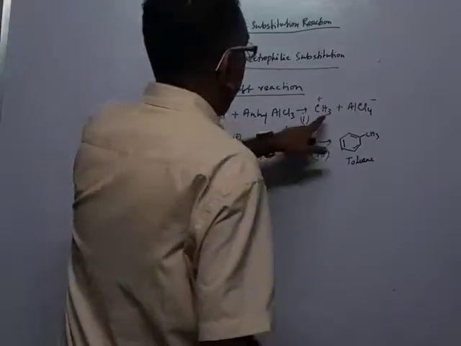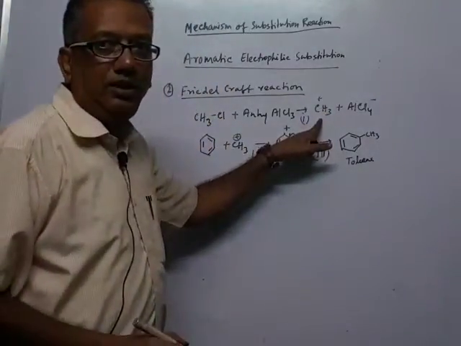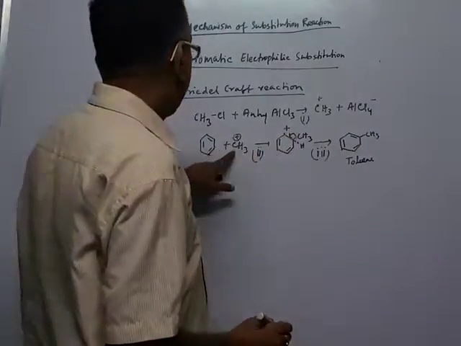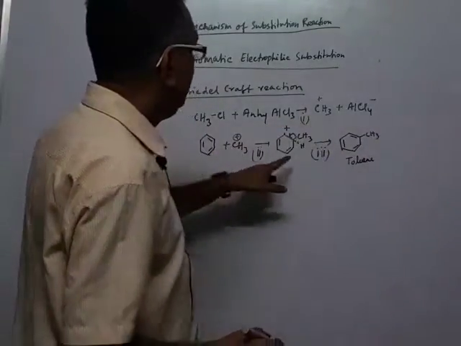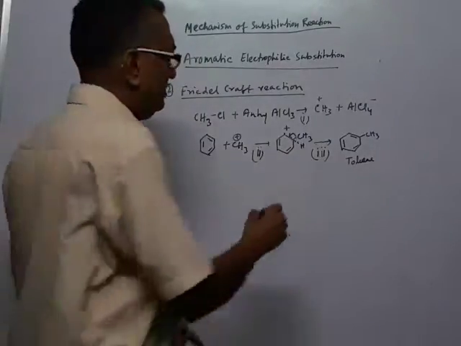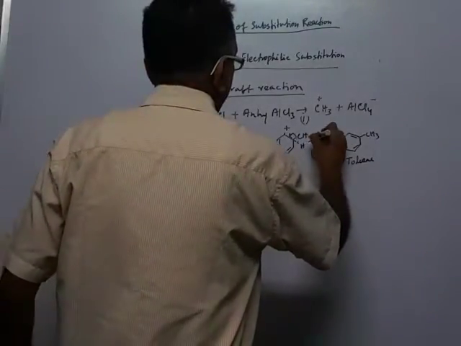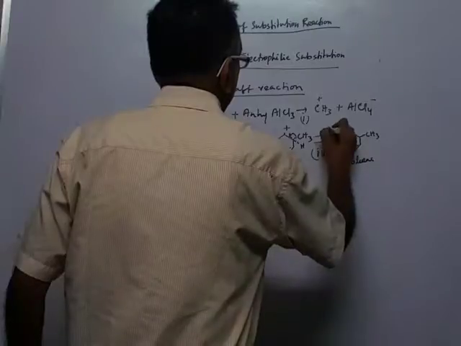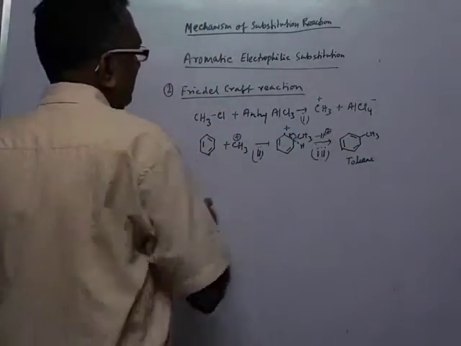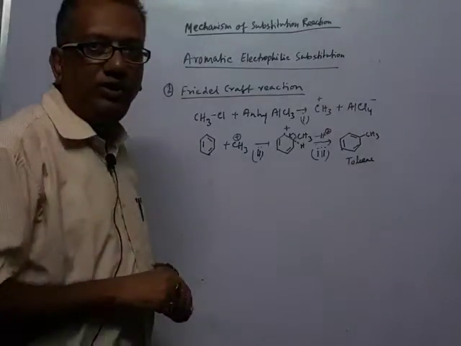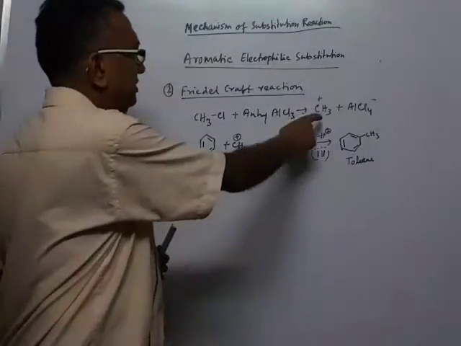That is formation of the carbocation, then attack of the electrophile or carbocation on the benzene ring, and then removal of this proton, minus H plus. So we can say here that this reaction proceeds through electrophilic substitution by formation of this electrophile.